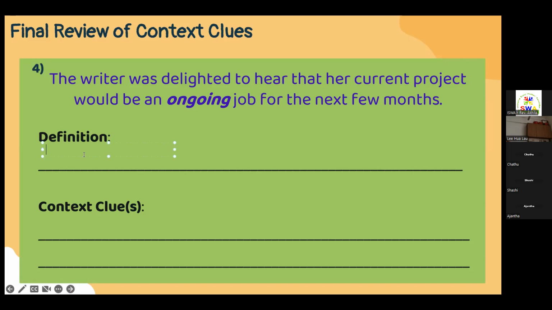All right. I'll just put it here. Does anyone have any other suggestions? Happening, is it? Okay, Sashi said happening. Okay, anyone else?